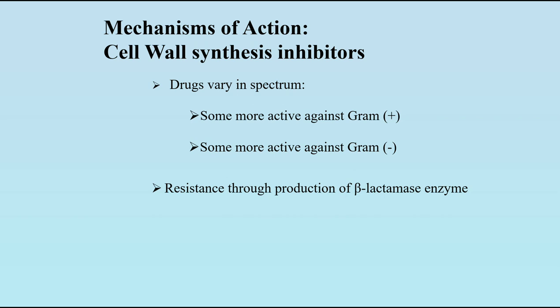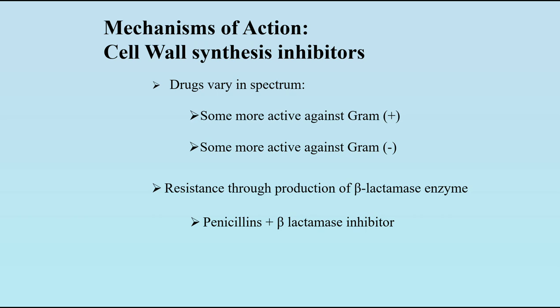So, in order to overcome this resistance, what the scientists have done is that along with the penicillins, they have introduced a beta lactamase inhibitor. The function of the beta lactamase inhibitor is to stop the activity of the beta lactamase enzyme, which is being produced by the bacteria to destroy the structure of the drug.